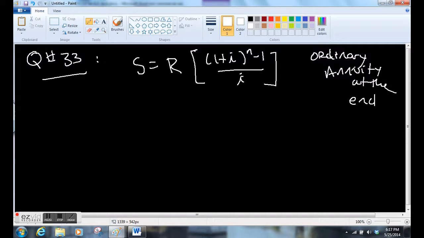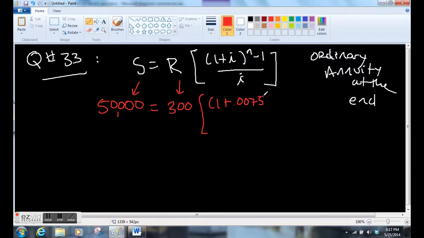So now we're going to plug in numbers and solve for n. I'm going to do it fast. So I have $50,000, that's S, is equal to $300, it's R, times 1 plus 0.0075, that's I, raised to the n.